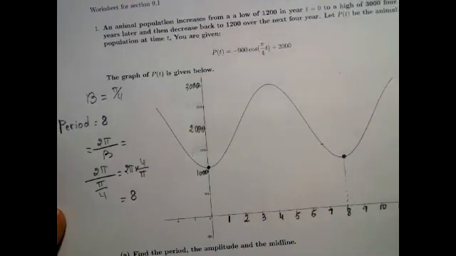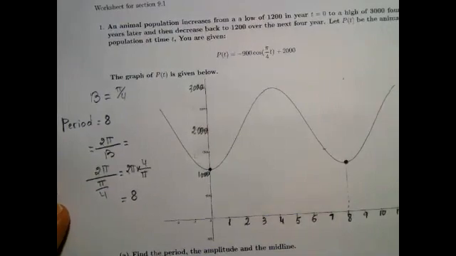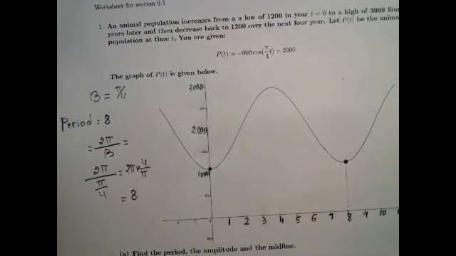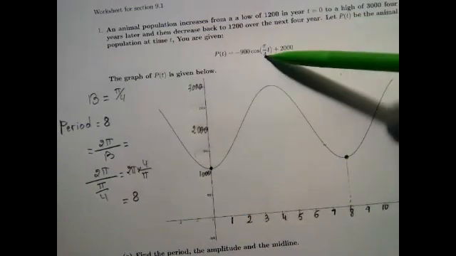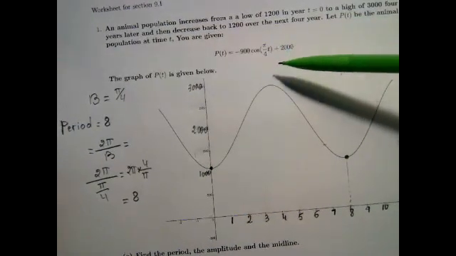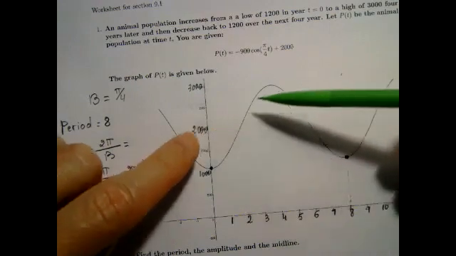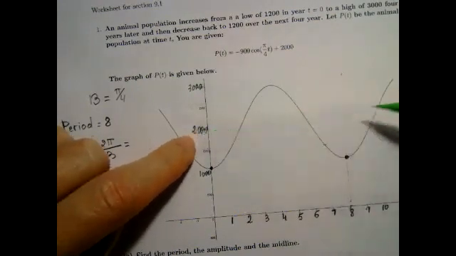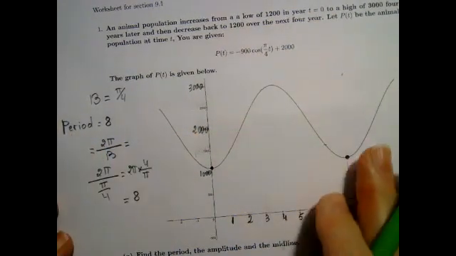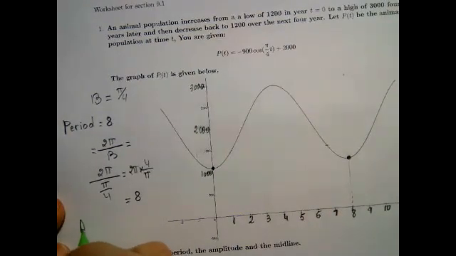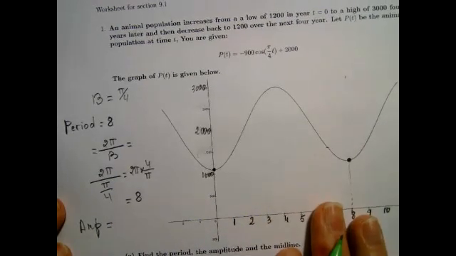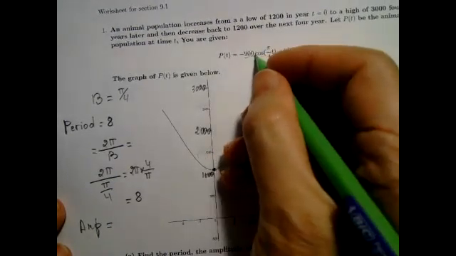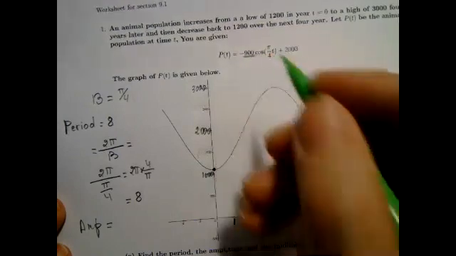Right. Now, what is the amplitude in this problem? According to the formula, it means what is the distance between the highest point and the midpoint of the graph. So what's the amplitude here? No, 900. That's my amplitude.